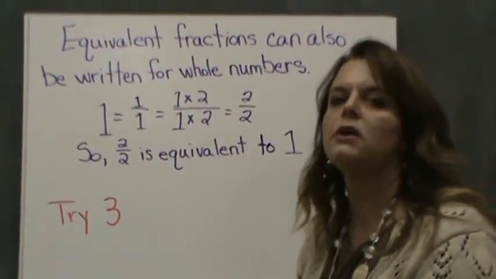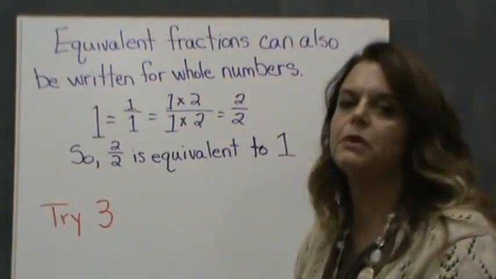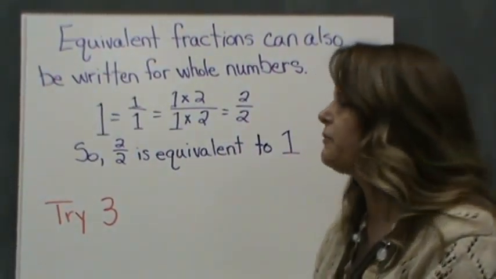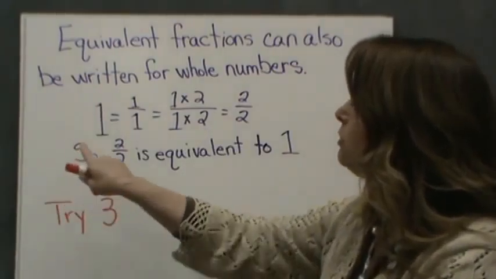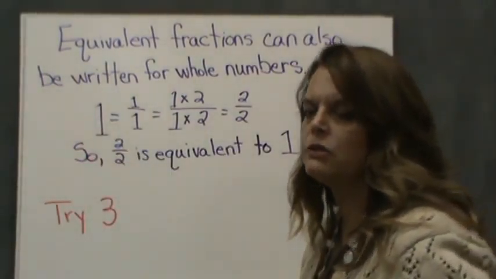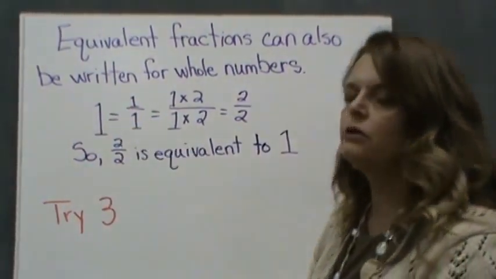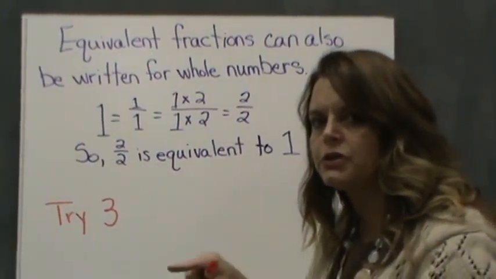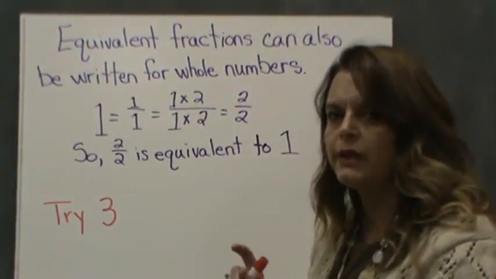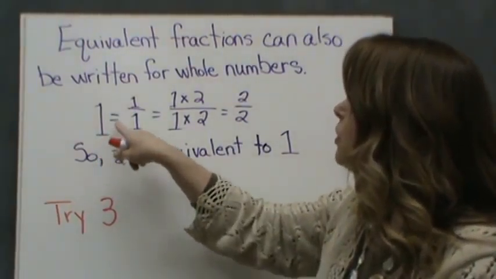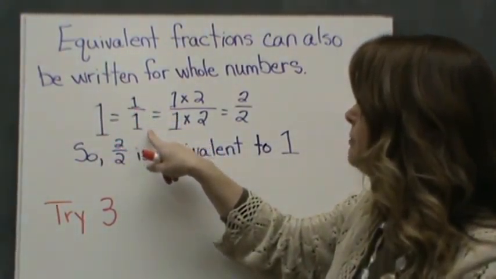Equivalent fractions can also be written for whole numbers. Sometimes we work with whole numbers and we turn them back into fractions. So if my whole number is 1, the fraction for 1 is 1/1, because anytime your numerator and your denominator are the same, we know that fraction equals 1. So 1 equals 1/1.